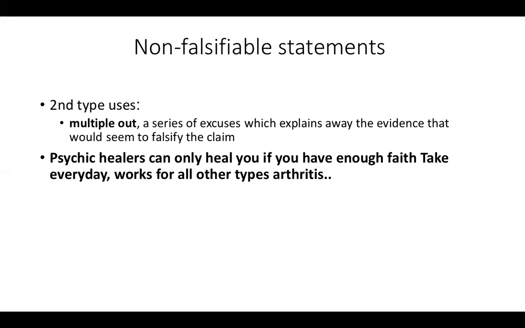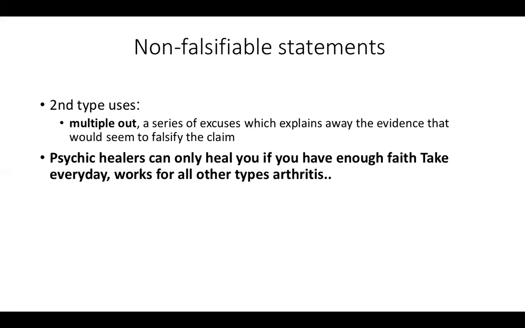Later on, they come back and say, well, my arthritis is not getting better. Then basically what they will try to say is that, well, this treatment didn't work for you because you have rheumatoid arthritis, and it only works for osteoarthritis and other types of arthritis. Well, this is one out, which is rheumatoid arthritis.